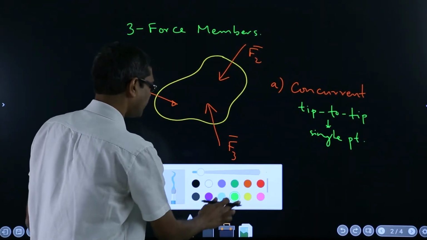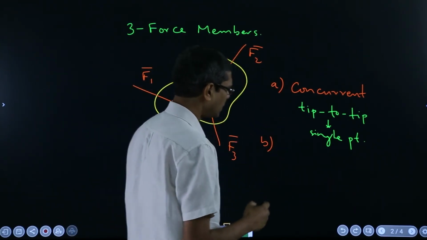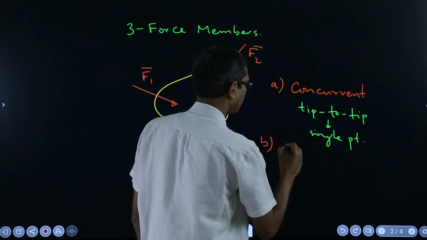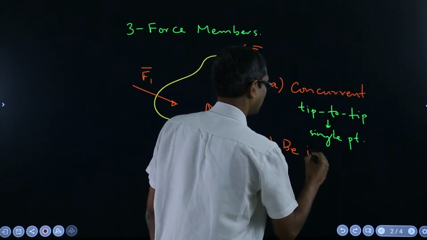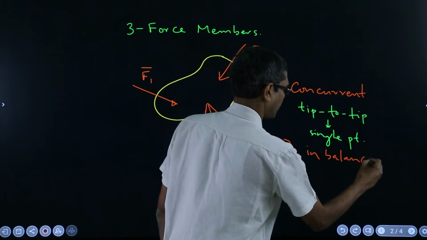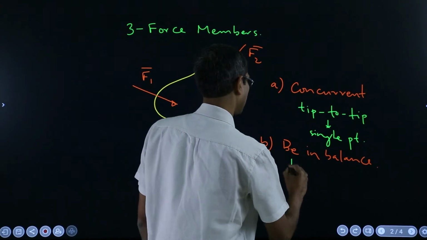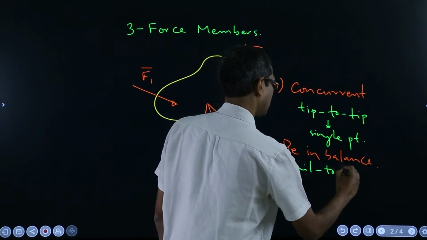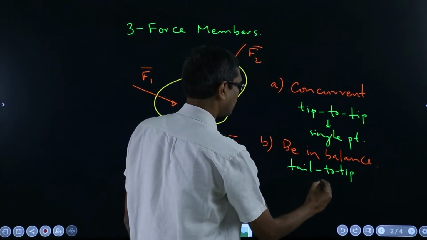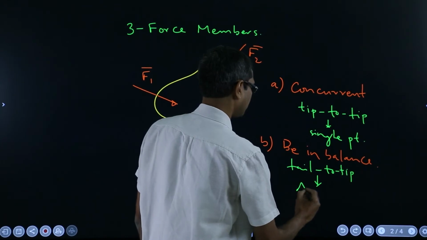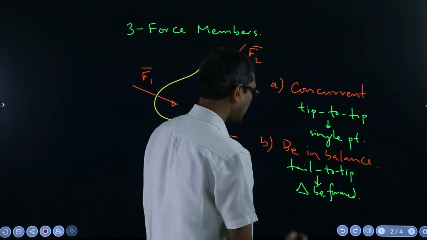But now the other condition is that they should be in balance. That means if you join them tail to tip, then they must form a triangle, a closed triangle.